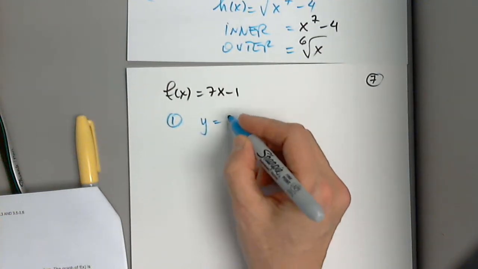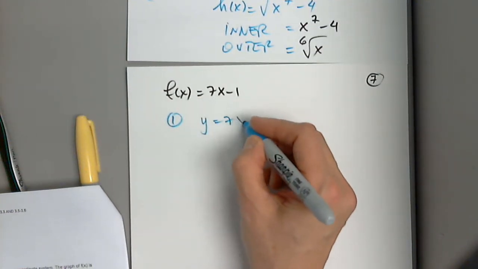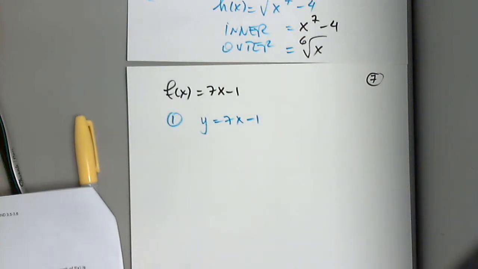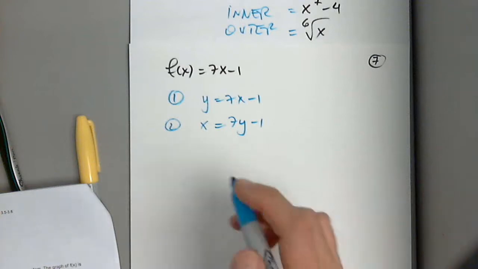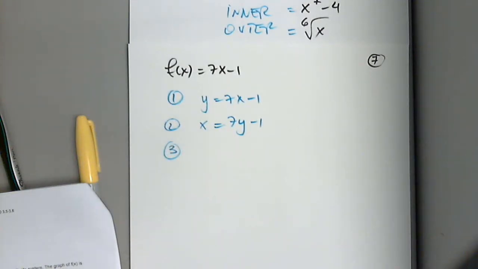Awesome. So first I have to replace f of x by y by 7x minus 1, and then I interchange, indeed. And in step 3, what do I solve for, indeed. So I'm adding 1 and dividing by 7.